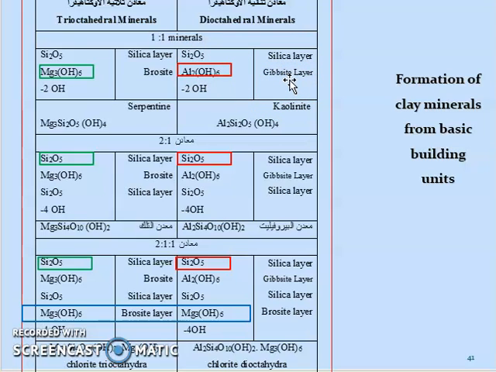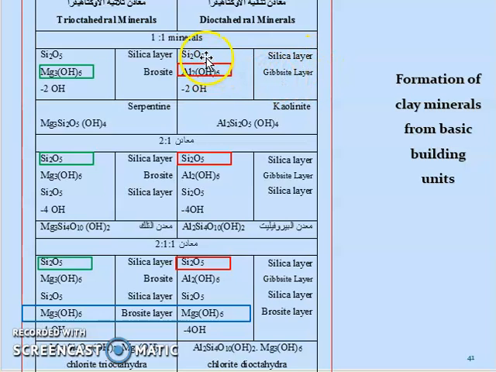The gibbsite layer, or dioctahedral layer, has a chemical structure of Al2(OH)6. Brucite has Mg3(OH)6.